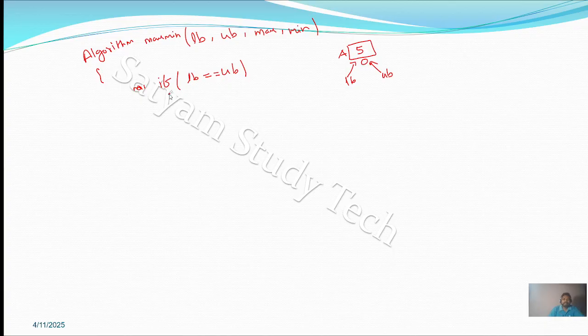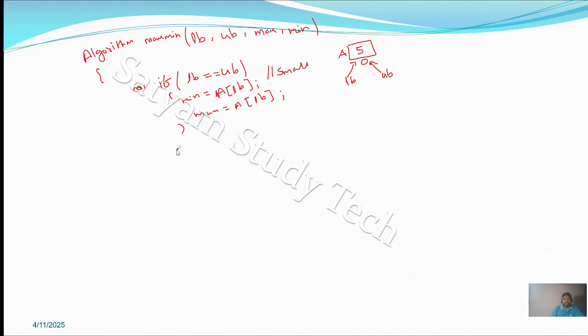Then min equals A of lower bound, and also max equals A of lower bound. It is a small problem. You cannot apply divide and conquer; you can solve that problem directly.